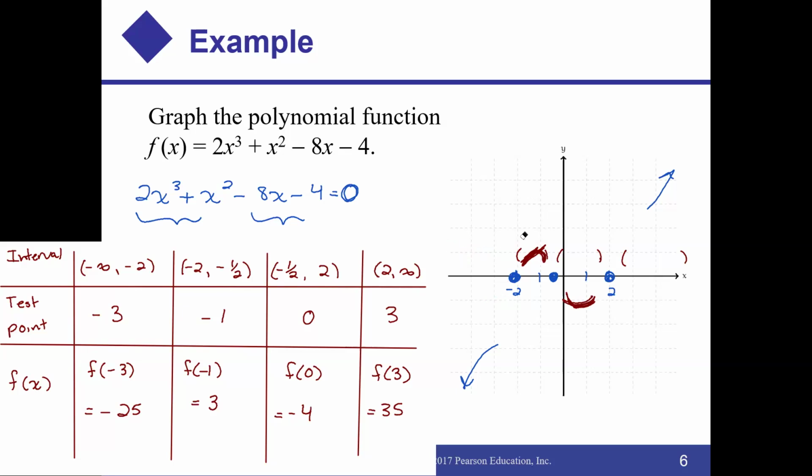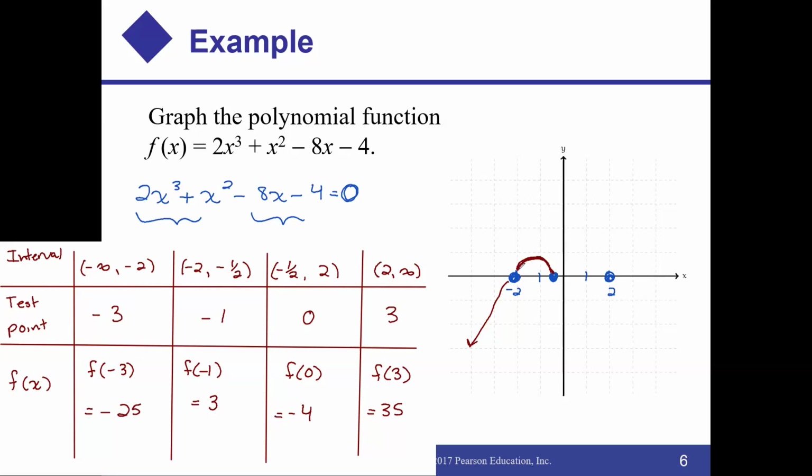Okay, let me get rid of some of my extra here. We're going to get kind of a rough sketch here because we still need to do a few other things. Essentially, in this interval, anything before negative 2, I should have negative function values, meaning I'm down here. The next interval, I have to have positive function values, so I would be up here.